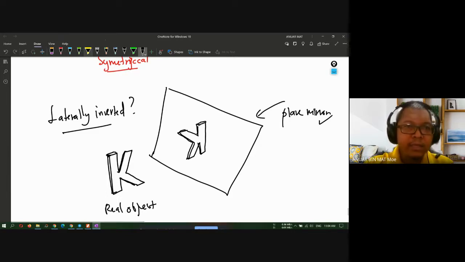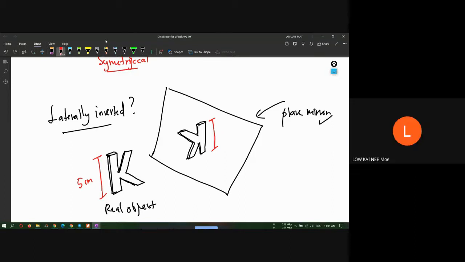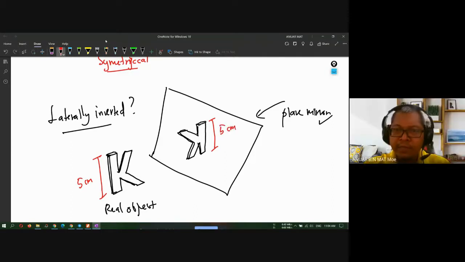Okay, my question now is, if you still remember, very easy one. If the size of K here is 5 centimeter, what is the size of the image inside the plane mirror? 5 centimeter. Also 5 centimeter, very good. And how about if the distance OA here is 10 centimeter?